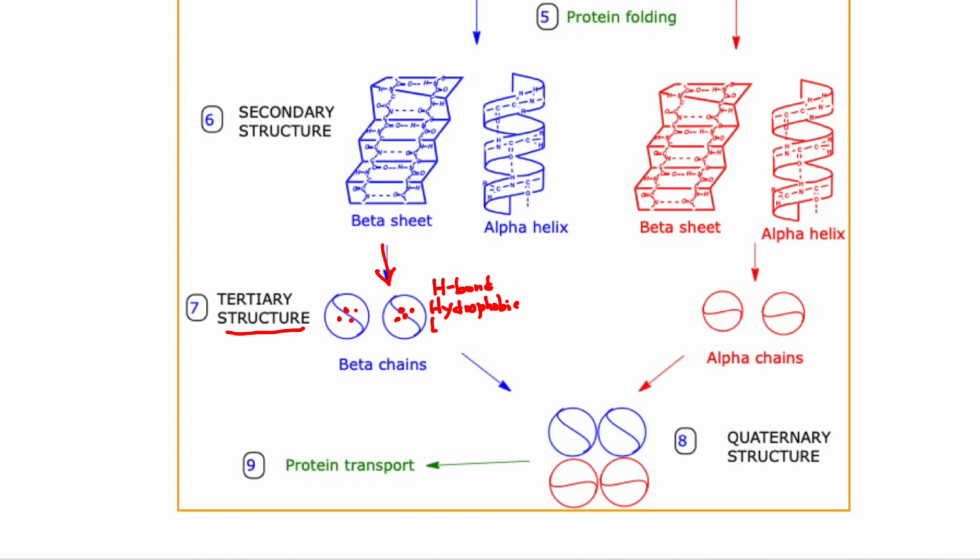Then we have electrostatic, positive and negative attract, positive and positive repel. All those forces will also start coming together to give you what we call the tertiary structure of the beta polypeptide chain. In a similar fashion, you will get the tertiary structure of the alpha hemoglobin chain.